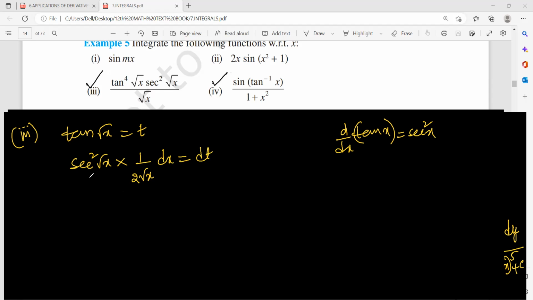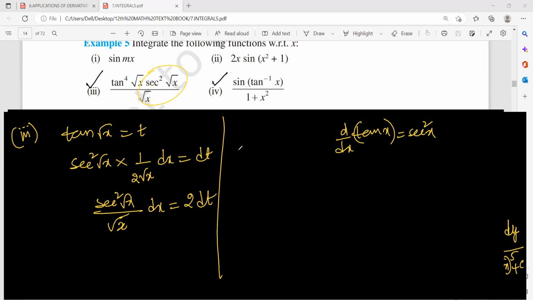So this is secant square root x by root x, which is what we need. Secant square root x is there, dx is there, and this is 2 dt.